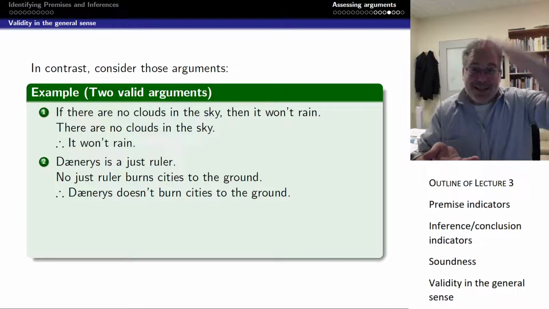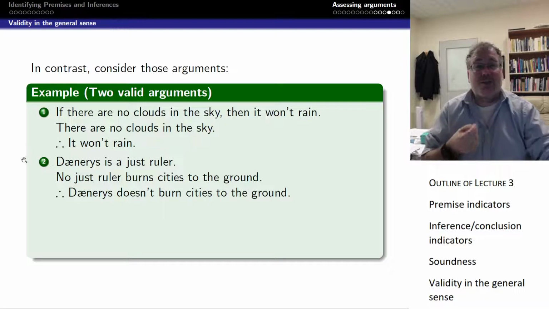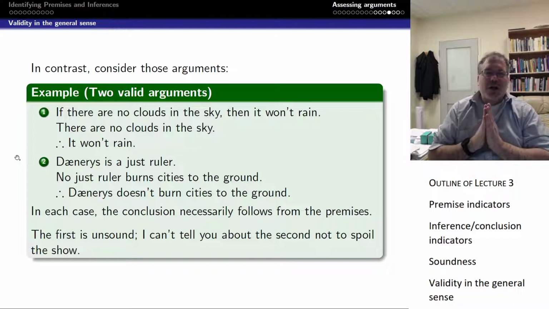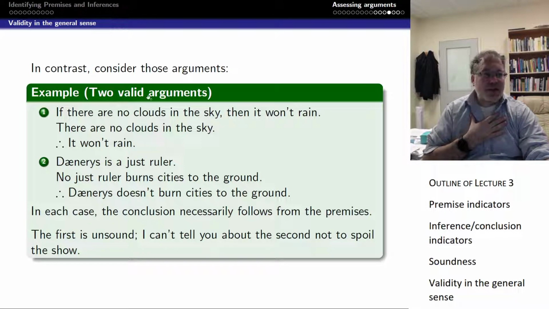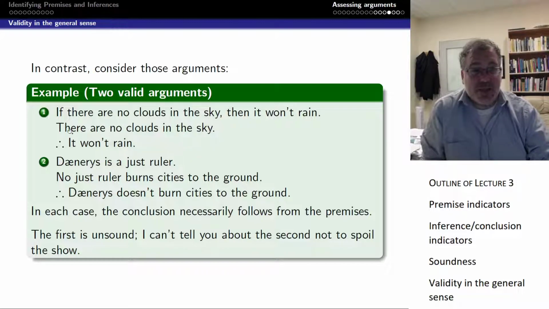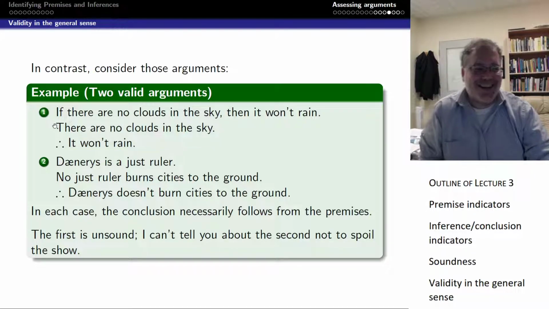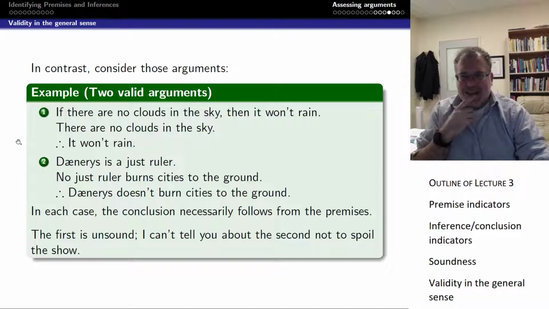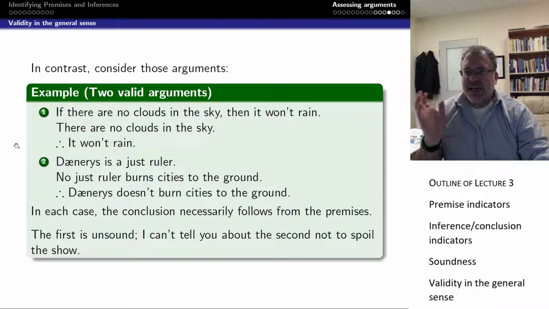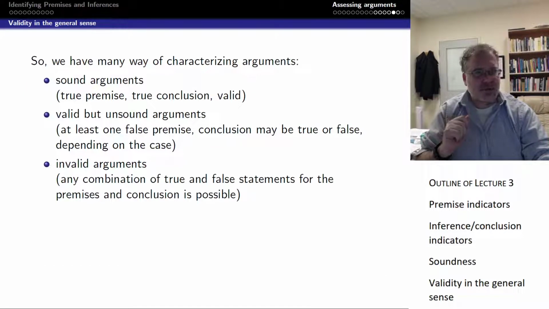But mostly you can still judge whether the premises are connected to the conclusion in the right way. So the first argument is unsound at the moment when I'm recording, because the second premise is false. There are clouds in the sky. And for the second, I'm not telling you. But in both cases, if the premises are true, the conclusion is necessarily true as well.